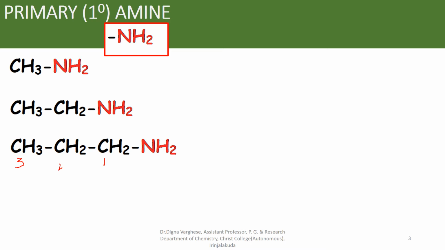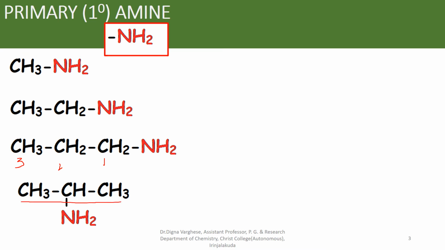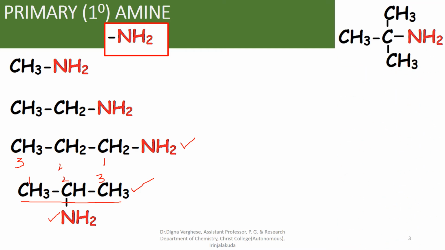Here also there are three carbon atoms, but the NH2 is attached to carbon 2. So it is propan-2-amine. Here propan-1-amine, here propan-2-amine. And the next one you can see, carbons 1, 2, 3.